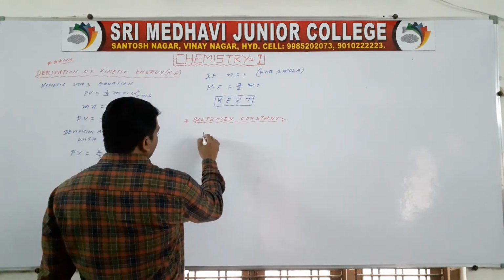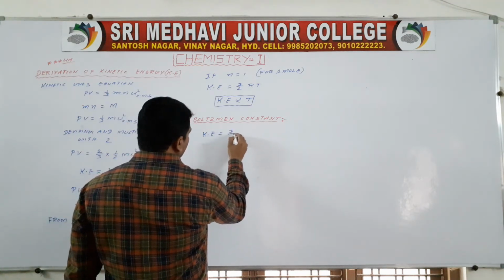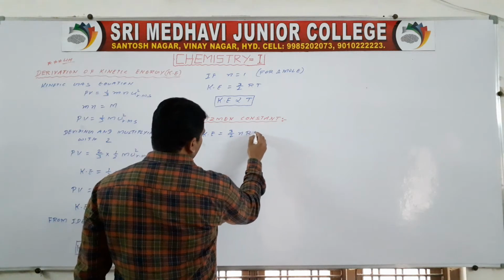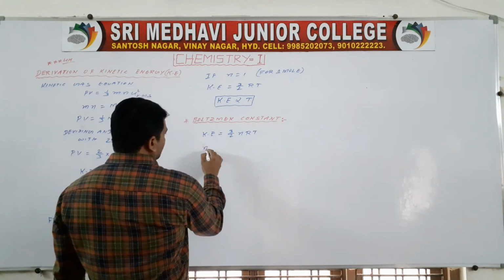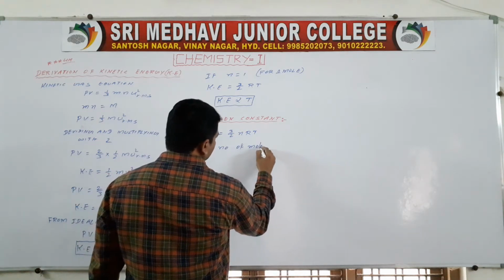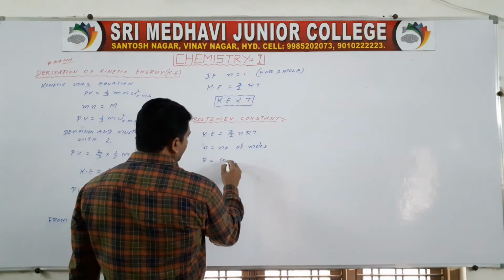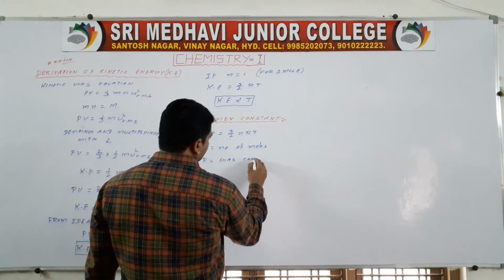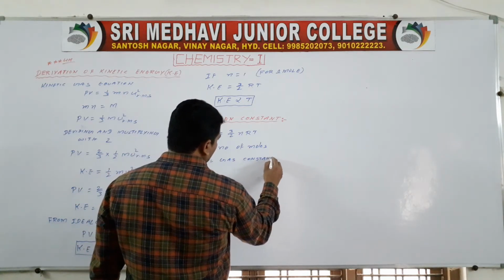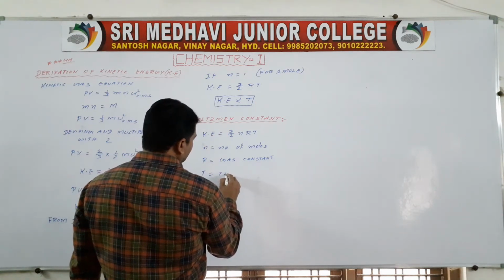We know kinetic energy KE equal to 3 by 2 nRT, where n is the number of moles, R is the gas constant, T is the temperature in Kelvin.